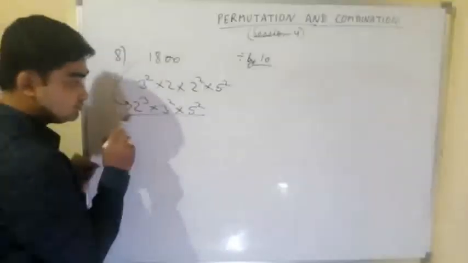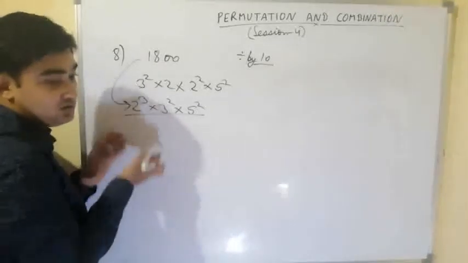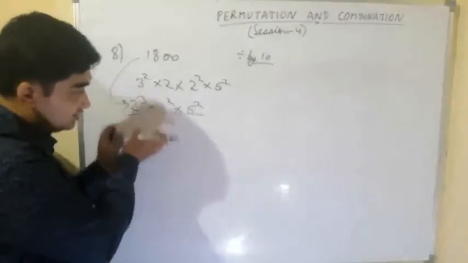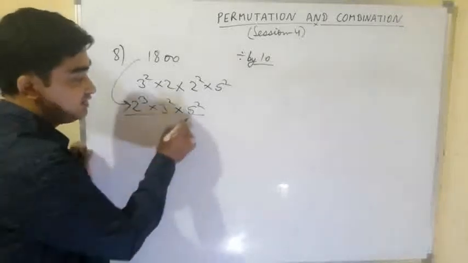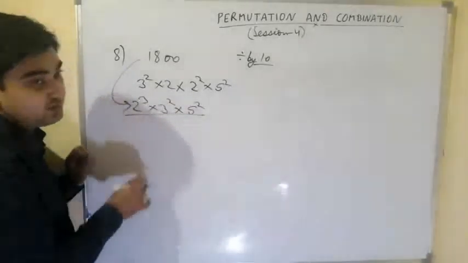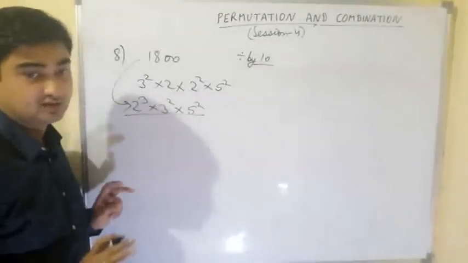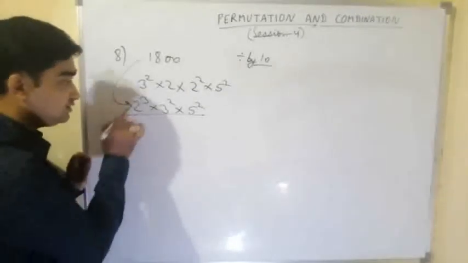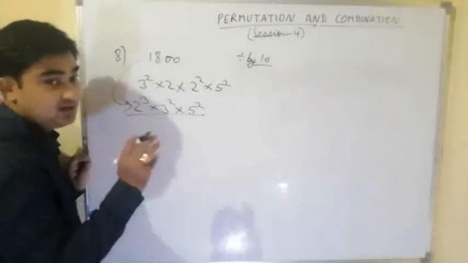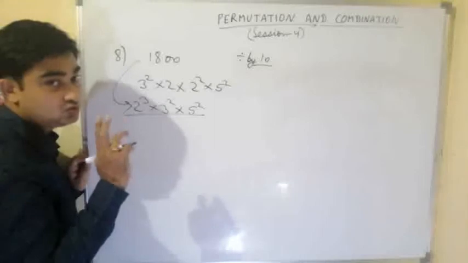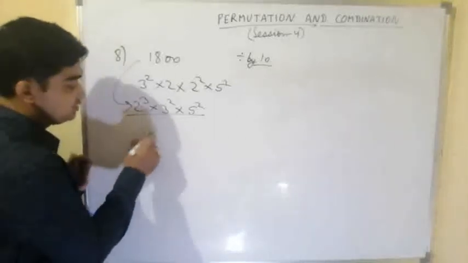So this problem is similar to selecting these factors in such a way that we select a minimum of one 5 and a minimum of one 2. Others we are free to select. With 2 we have how many choices? Select one 2, two 2s, or three 2s. So the choices are 3.